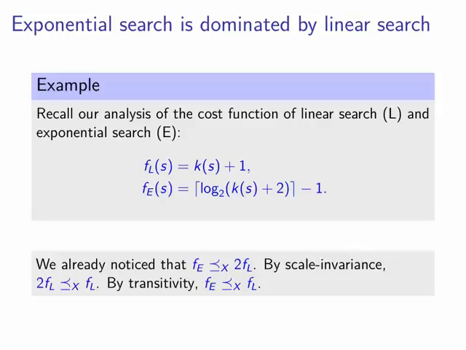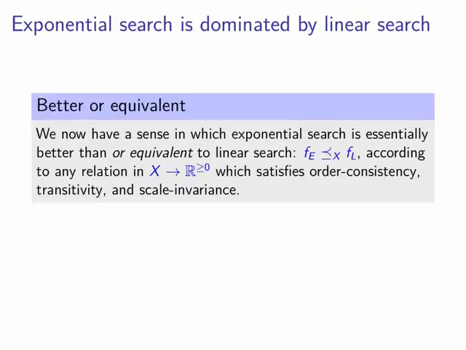By transitivity, FE is dominated by FL. So we now have a sense in which exponential search is essentially better or equivalent to linear search. Its FE is dominated by FL according to any relation on these cost functions which satisfies order consistency, transitivity, and scale invariance.